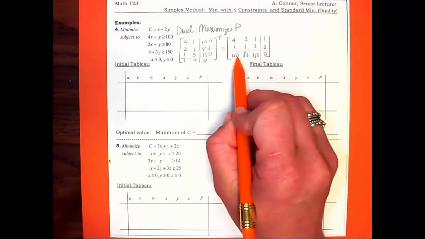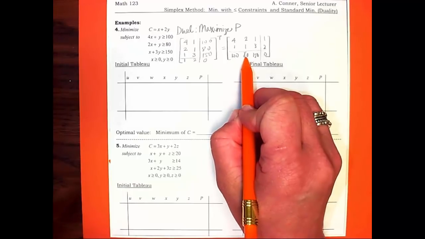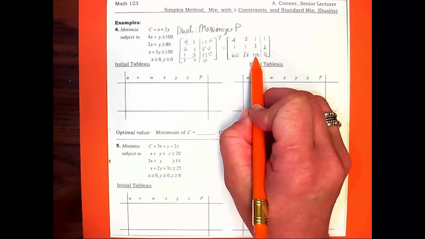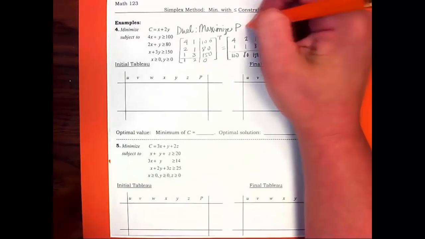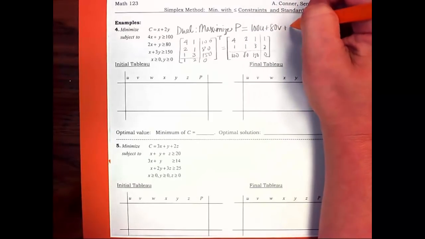And then our objective function is P equals 100U plus 80V plus 150W. So let's write those down. So P equals 100U plus 80V, and we'll use W as our other variable.